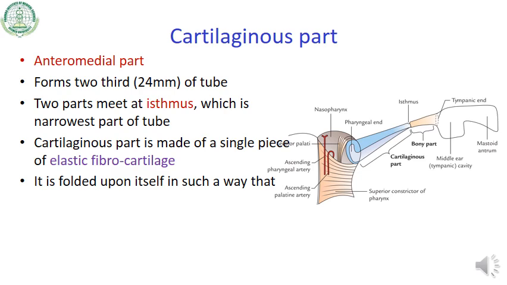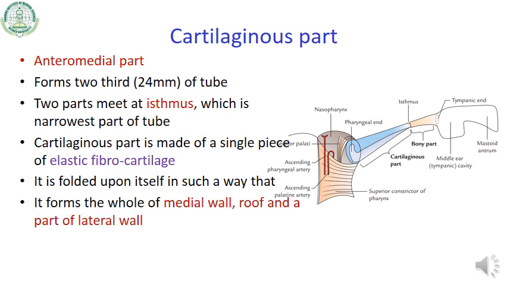Or you can say it is curled. This cartilage is folded upon itself in such a way that it forms the whole of the medial wall. So you can see this is the medial wall, then the roof and the floor.